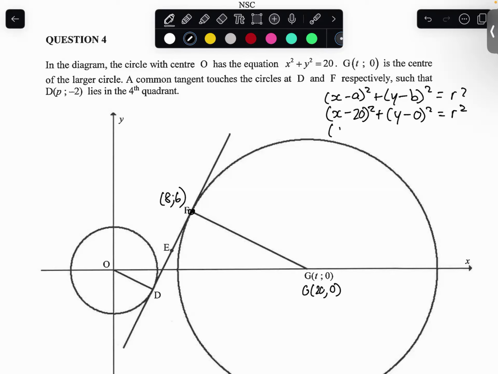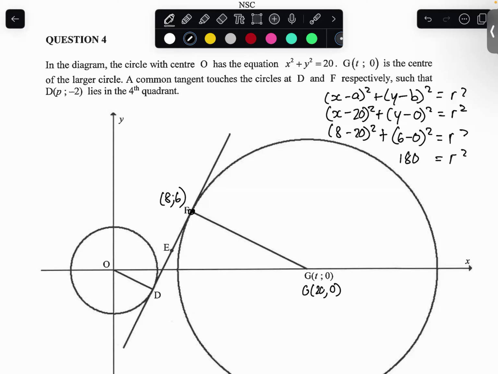This set of coordinates, (8; 6), lies on my circle. So it's (8 minus 20) squared plus (6 minus 0) squared equals r squared. That gives me r squared to be 180.